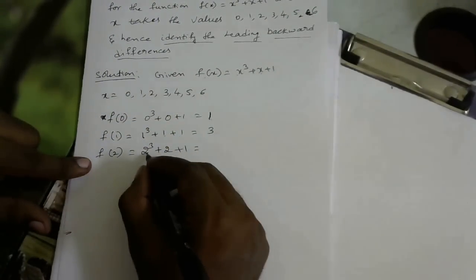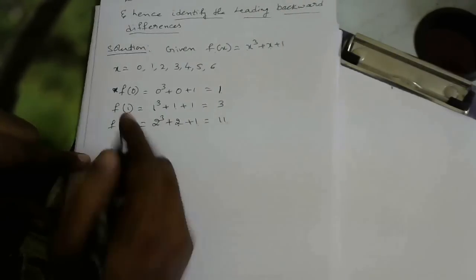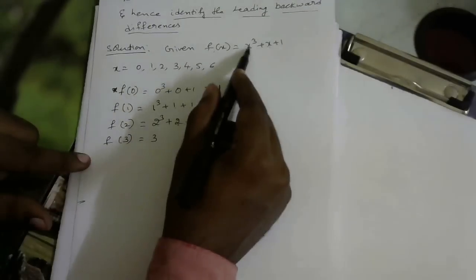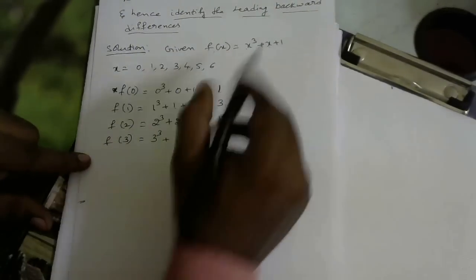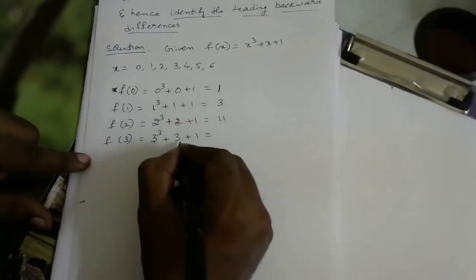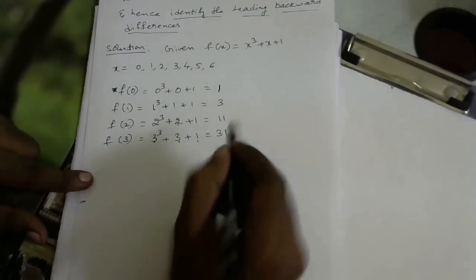So 2 cube means 8, 8 plus 2, 10, 10 plus 1, 11. Put x equals 3. We get 3 cube plus 3 plus 1. So 3 cube means 27, 27 plus 3, 30, 30 plus 1, 31.